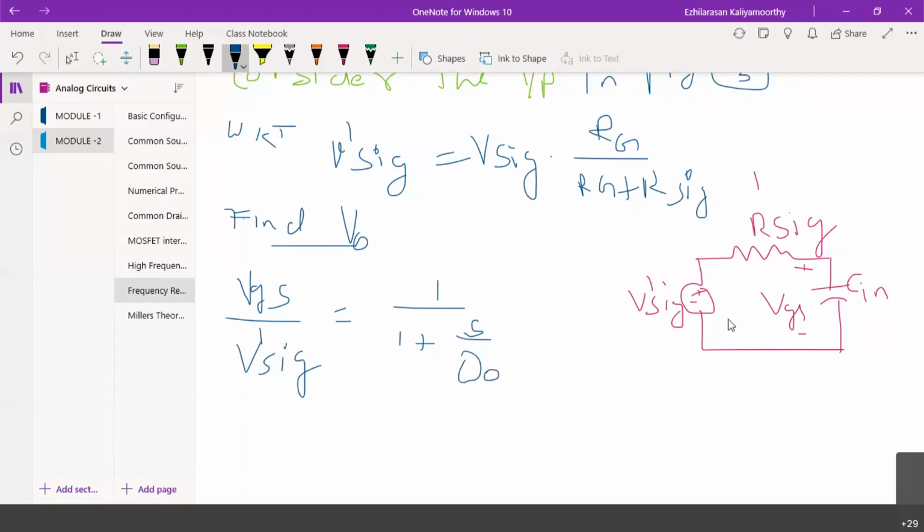Because if you consider the open circuit, this will become a low pass filter actually. So this is an RC network.